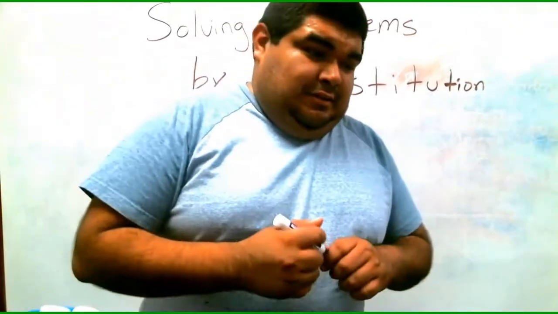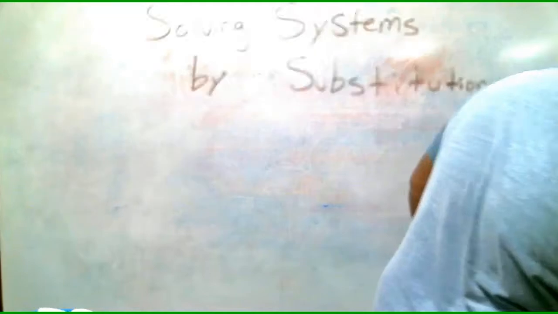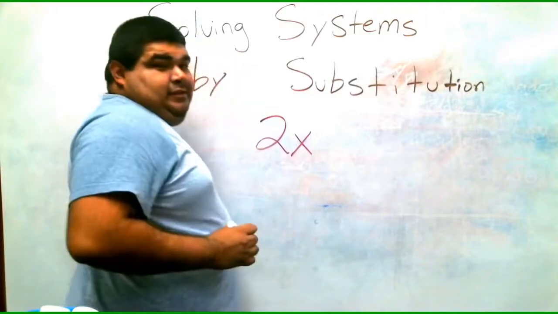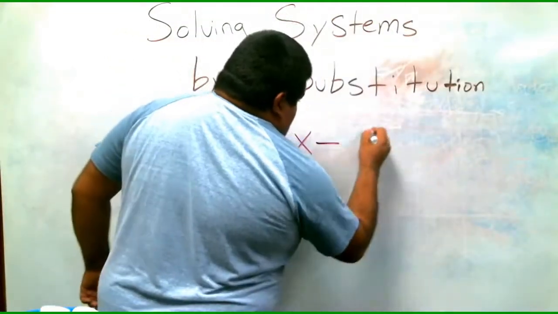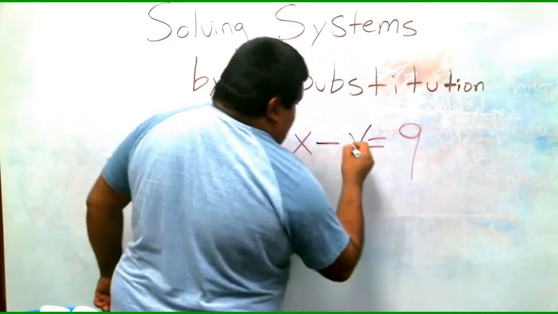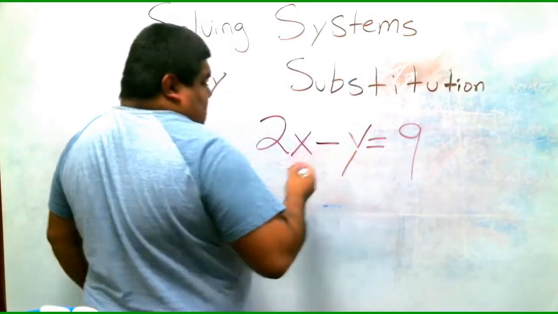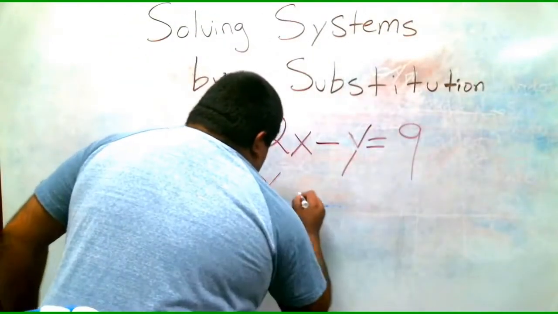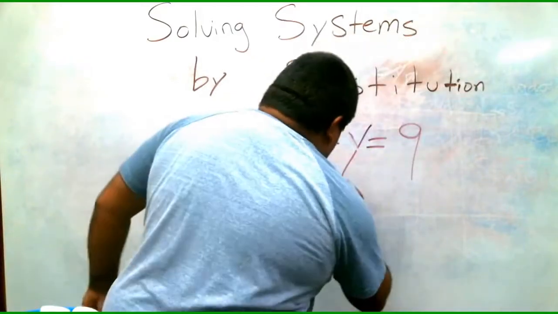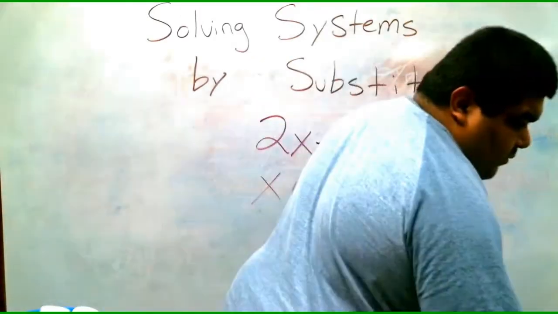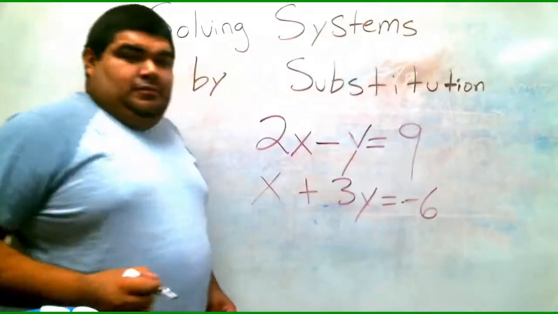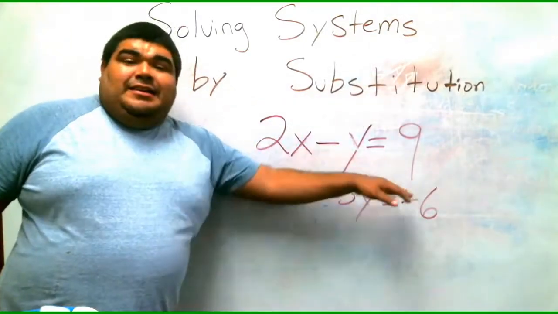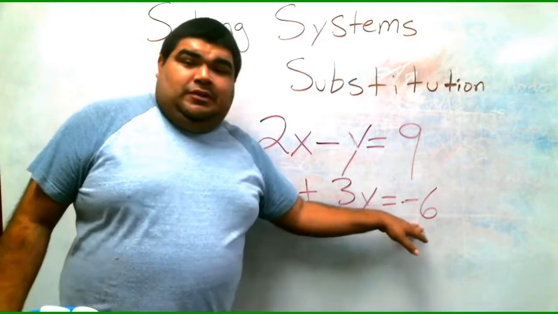Our problem is given as 2x minus y equals 9. And our second equation is x plus 3y equals -6, okay? So we have 2x minus y equals 9, and x plus 3y equals -6.